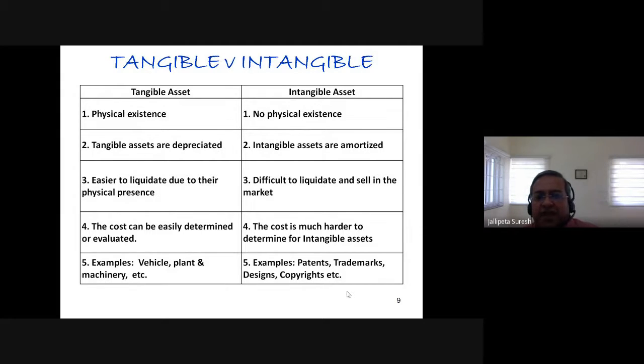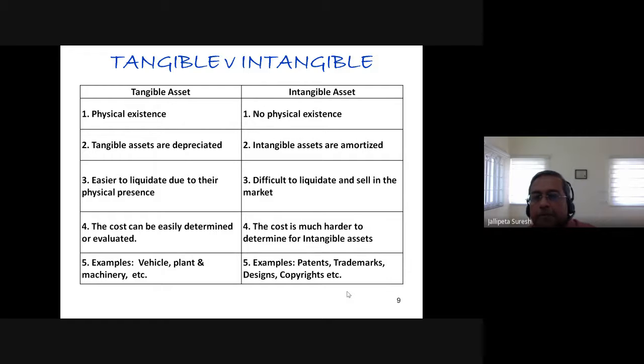Now let us look at the differences between tangible and intangible. Tangible assets have a physical existence, which is not there in intangible. Tangible assets are depreciated. For example, you buy a car and the next month its value is reduced or depreciated because of wear and tear.